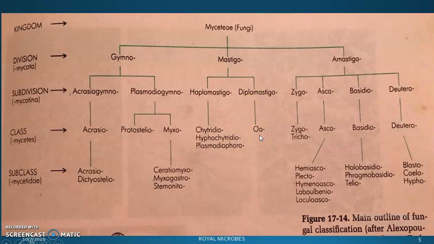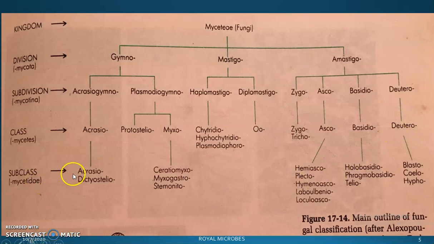Diplomastigomycotina contains a single class, Oomycetes. In Zygomycotina, we can see Zygomycetes and Trichomycetes. In Ascomycotina, only Ascomycetes. In Basidiomycotina, Basidiomycetes. In Deuteromycotina, Deuteromycetes. These are called form class Deuteromycetes because they lack the sexual mode of reproduction, so they are called imperfect fungi or incomplete fungi. Instead of class Deuteromycetes, they are called form class Deuteromycetes.